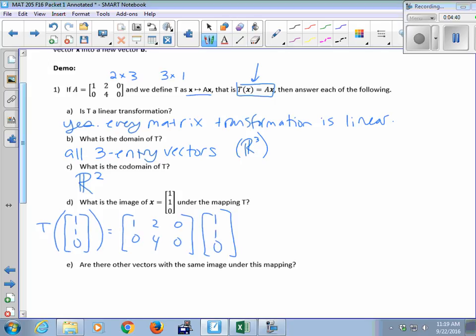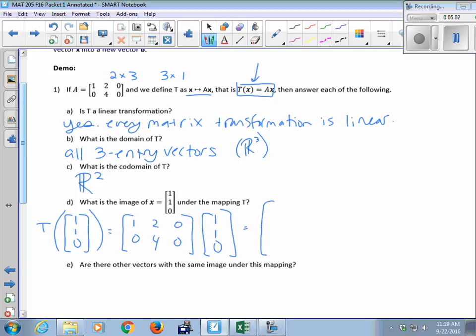And we have 2 methods that you learned a couple sections ago about how to multiply a matrix times a vector. I'm going to go with the like rotate the row, lay it on top of the vector, and the stuff that lines up you multiply, and then you add up all the 3 terms.